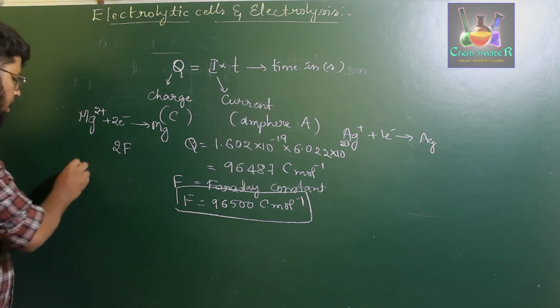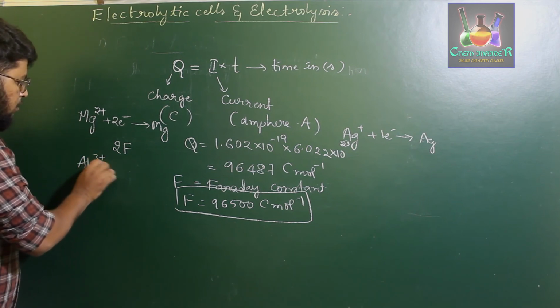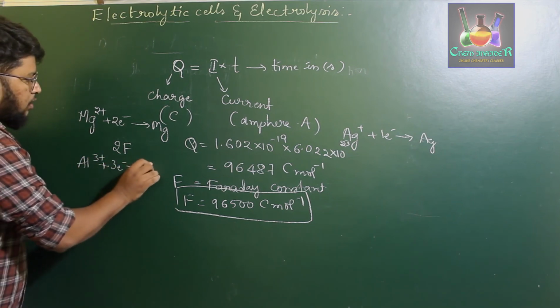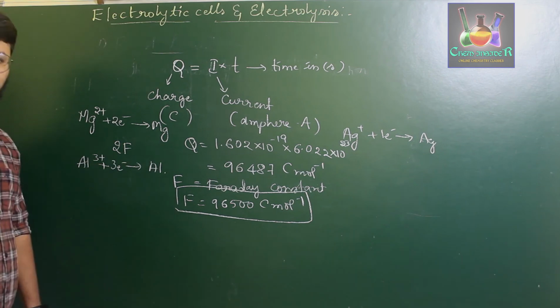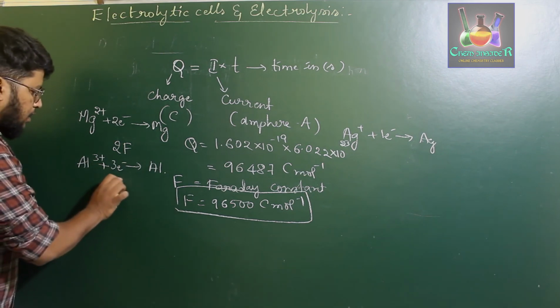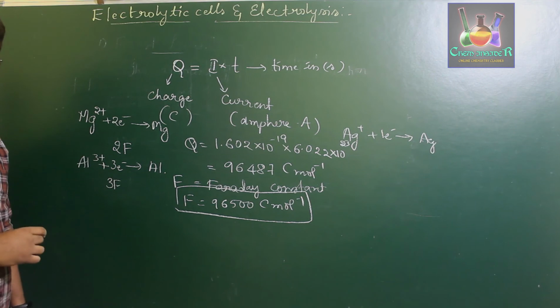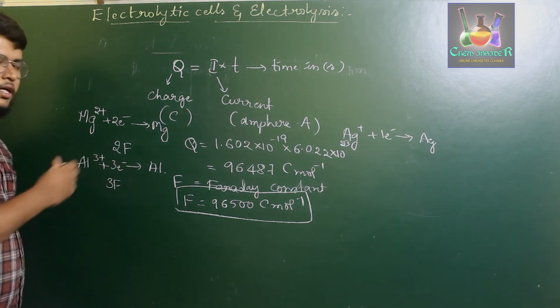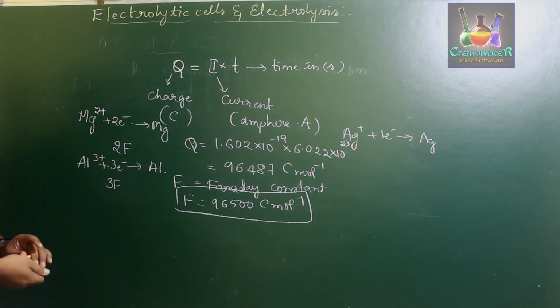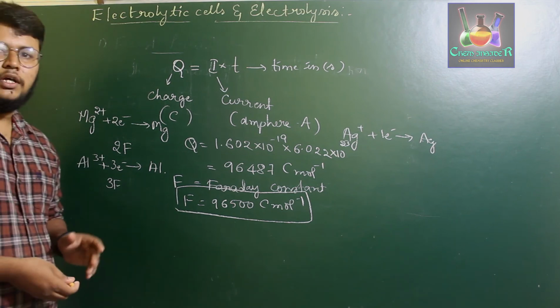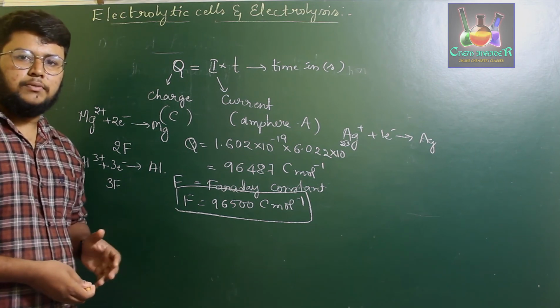If you consider Al3 plus, it requires 3 electrons for liberation. Therefore, when you supply 3 Faradays of charge to Al3 plus, it will get liberated as Al.